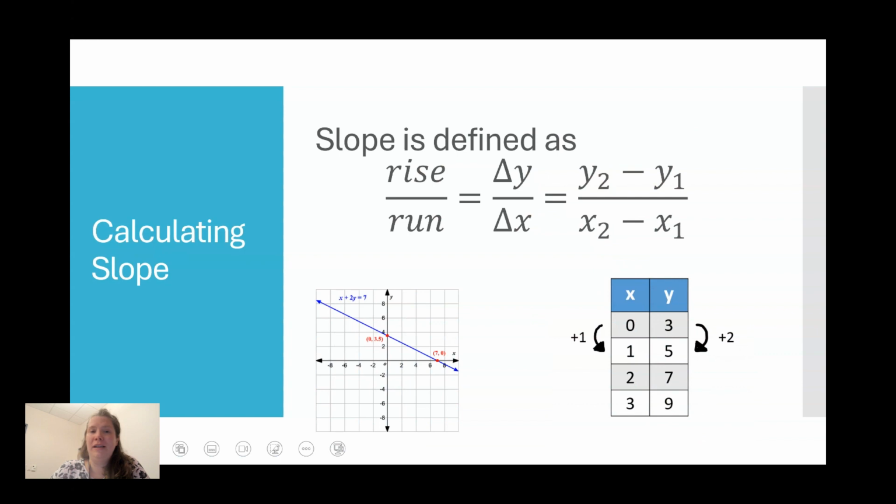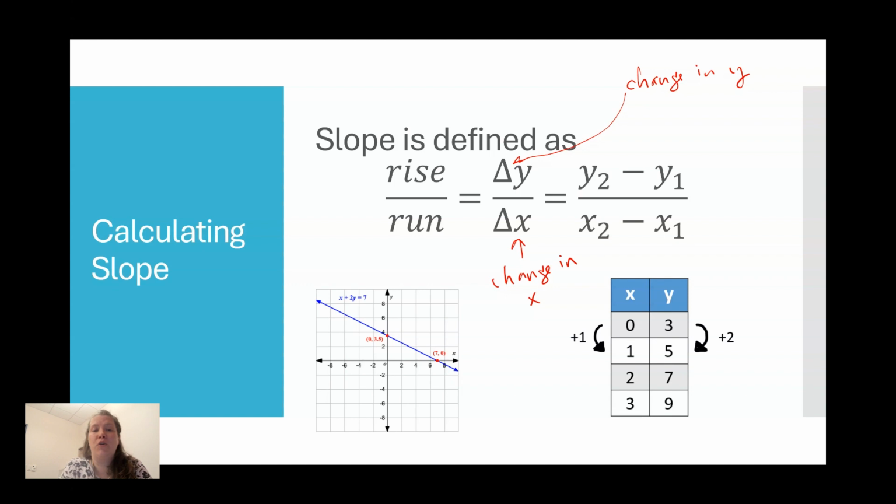The way we calculate slope is rise over run, and that triangle means change in y over our change in x. If you have just 2 points you're trying to find the slope between, you can do that by subtracting y2 minus y1 and x2 minus x1 to find your change in y and change in x.